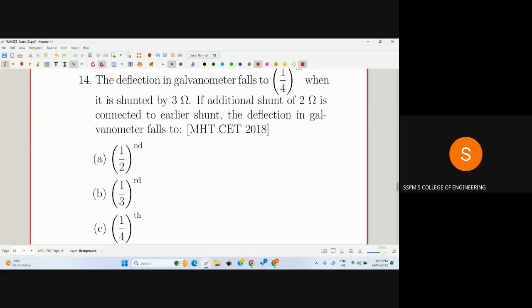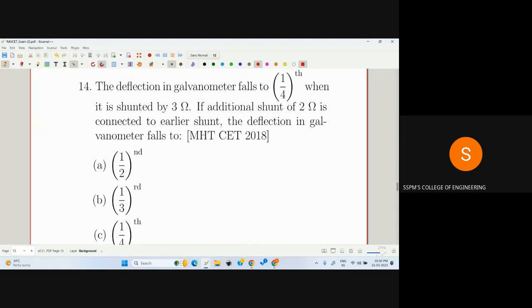आता हे पण त्या टाइप मध्येच आहे. तर काय केलेलं आहे बघा. A deflection in the galvanometer falls to 1/4 when it is shunted by 3 ohm. If an additional shunt of 2 ohm is connected to the earlier shunt, the deflection of the galvanometer. म्हणजे पहिल्या कंडिशन मध्ये काय केलेलं आहे, if the total current is I, then the deflection in the galvanometer is I upon 4 असणार आहे.